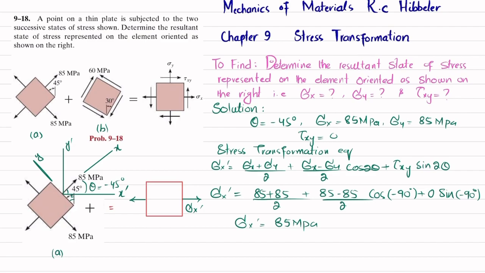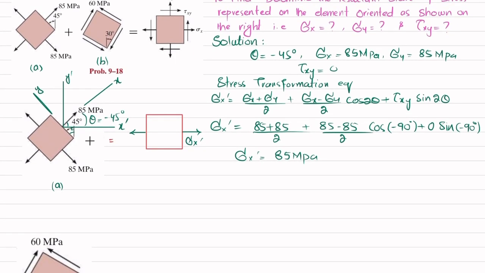Okay, now we will find sigma y dash. We know that sigma y dash is equal to sigma x plus sigma y divided by 2 plus sigma x minus sigma y divided by 2 into cos of 2 theta minus tau of xy sine of 2 theta.